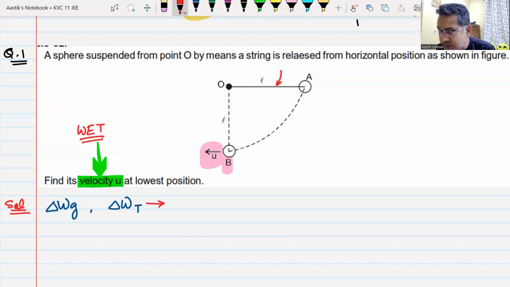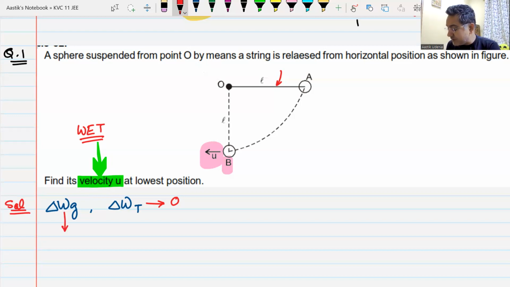Work done by tension? Okay. I can't hear you. Zero, sir. Work done by tension is 0 because this tension is always going to be perpendicular to the displacement. It is going to move in a circle. Tension is going to be perpendicular. That's as good as it gets.